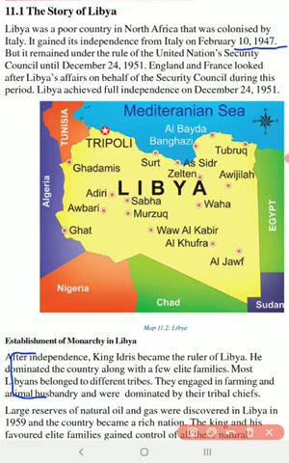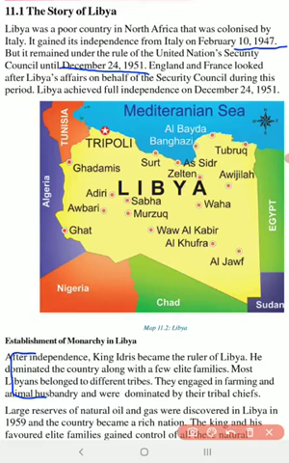But it remained under the rule of the United Nations Security Council until 1951. England and France looked after Libya's affairs on behalf of the Security Council. So after the independence from Italy, Libya was under the care of UNO.